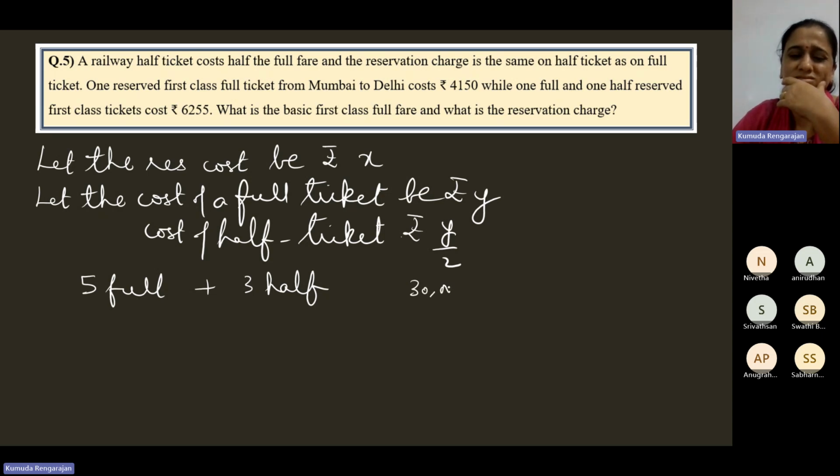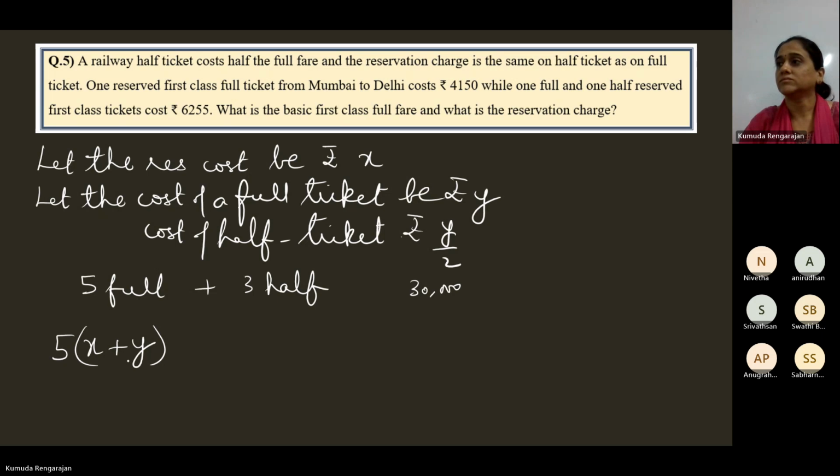Then the total cost is, say, 30,000. 5 full tickets we have to buy. To buy 1 ticket, you have to pay X reservation charge and Y cost of the full ticket, like this for 5 members. And you want to buy 3 half tickets.